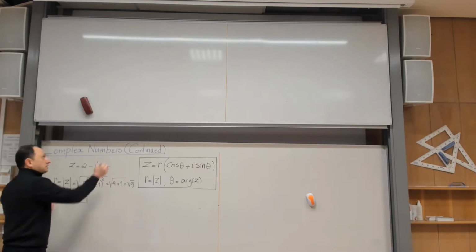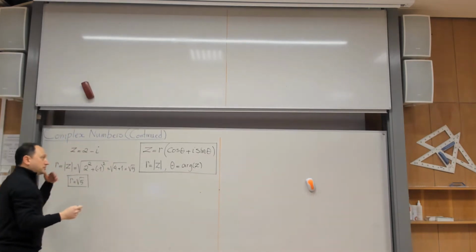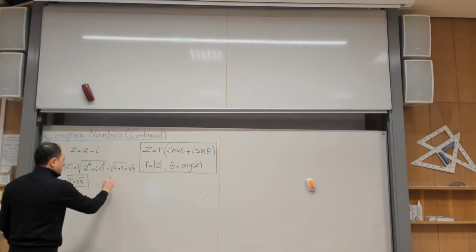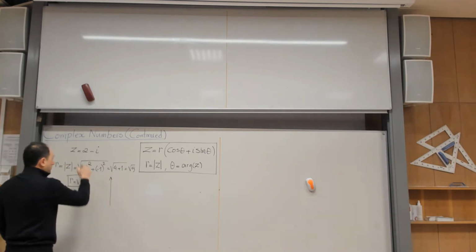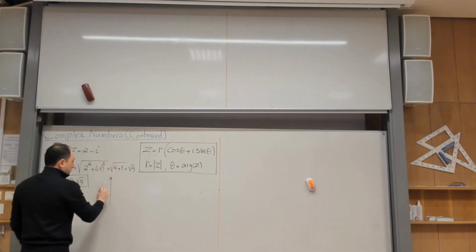But in the examples that I gave you before, I chose them from famous numbers so that I could use my memory. Of course, you can probably help me by using your calculator here. The second thing is to find the argument. For the argument, I told you it's good to always sketch where this is located. So the real part is 2, the imaginary part is minus 1.